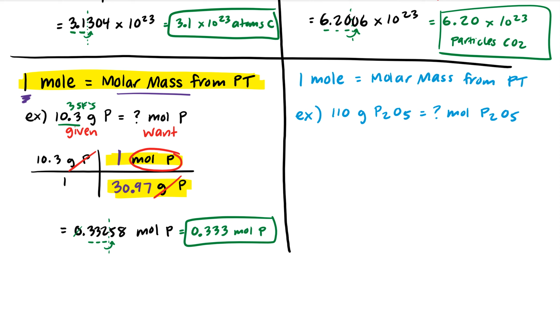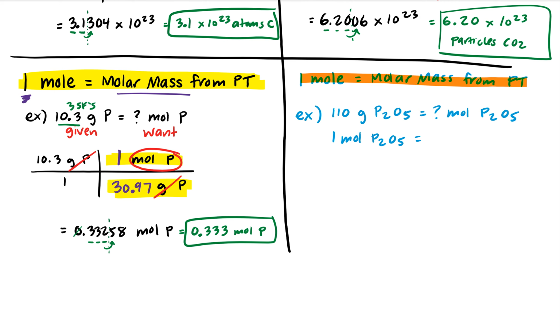Well, I'm going to use this conversion factor right up here. That's how I'm going to convert between moles and grams of a substance, no matter if it's an element or now a compound. Well, I need to know that 1 mole of diphosphorus pentoxide equals the mass from the periodic table.